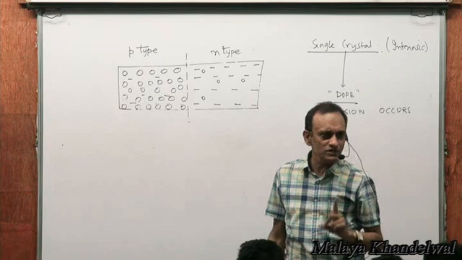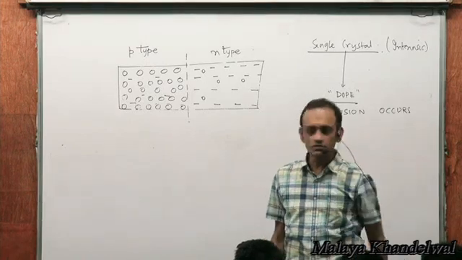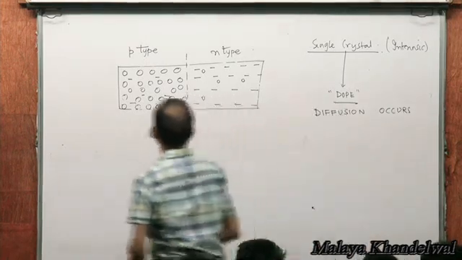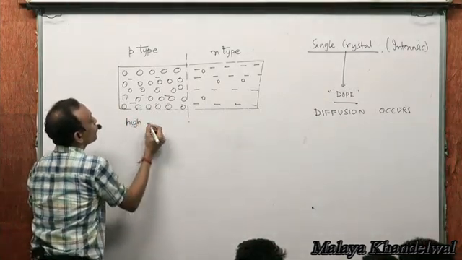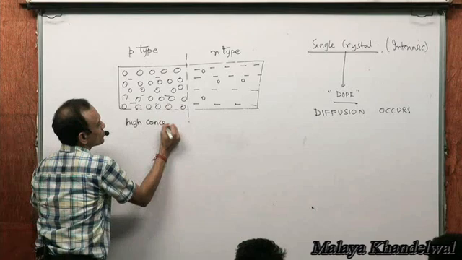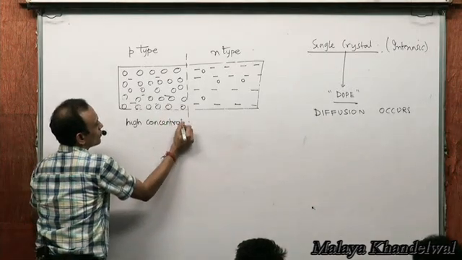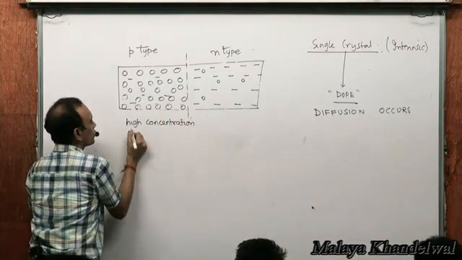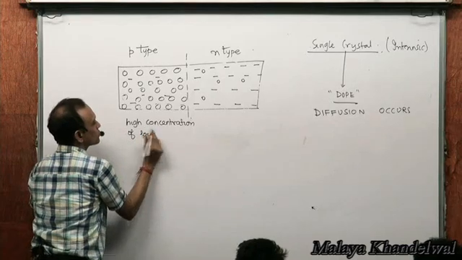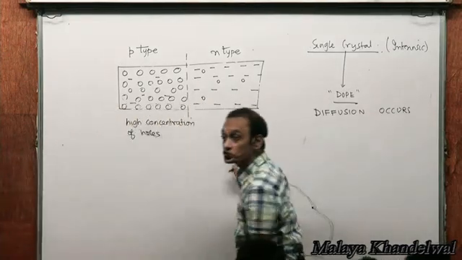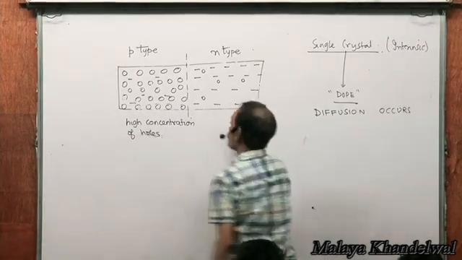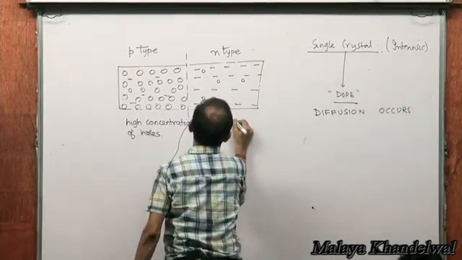Diffusion is caused by difference in concentration levels, right? This region is high concentration of holes. This region is low concentration of holes.